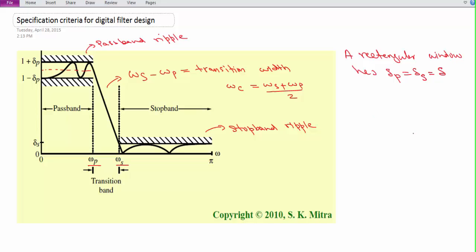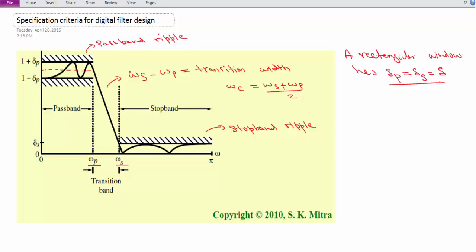Now for a rectangular window, the ripple size is exactly the same, and we know that for a rectangular window the ripple size is unaffected by the length of the window or the length of the filter. The length of the filter only affects the transition width.